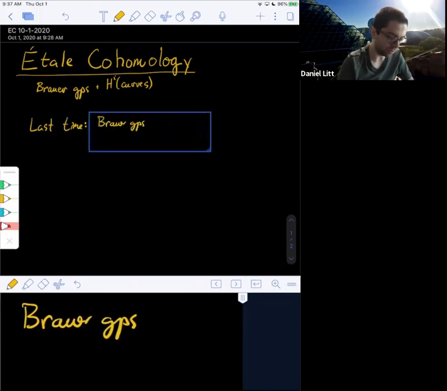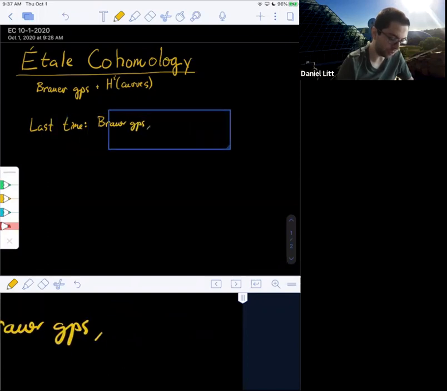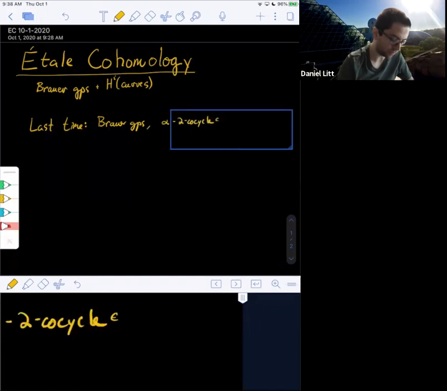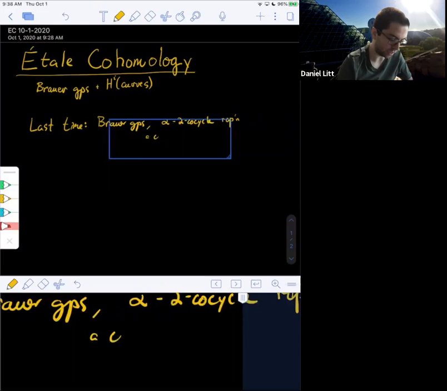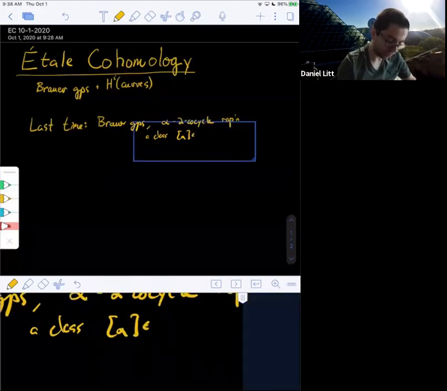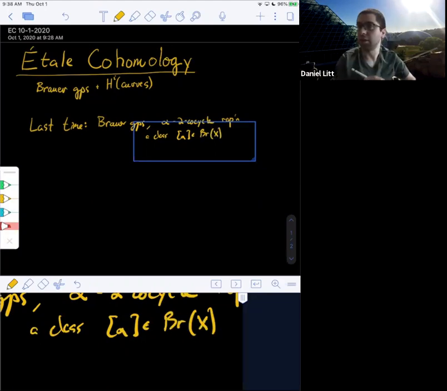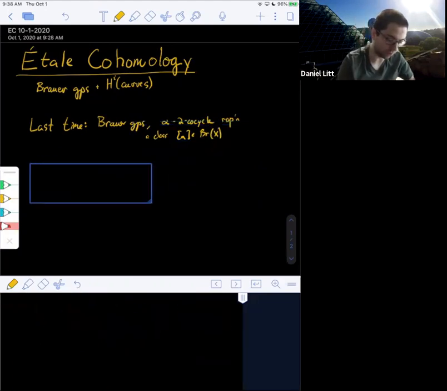And then, given alpha, a Čech 2-cocycle representing a class alpha in the Brauer group of X, we learned how to understand it geometrically. So in particular, we discussed a category of alpha-twisted sheaves.